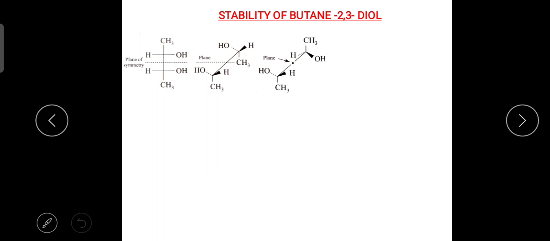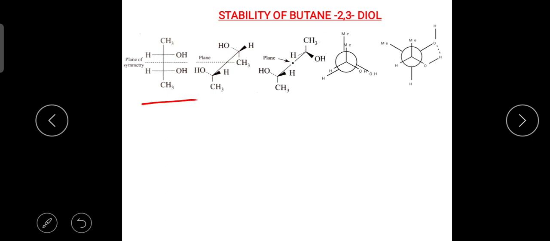Second one is the stability of butane-2,3-diol, where it exists in two conformers. First one is the meso conformer, where the two OH groups are eclipsed with each other. Therefore, there exists a mirror image plane, and this is optically inactive. So in the case of the meso isomer of butane-2,3-diol, there is also a hydrogen bond between the two OH groups.